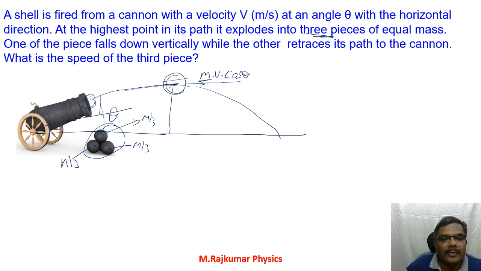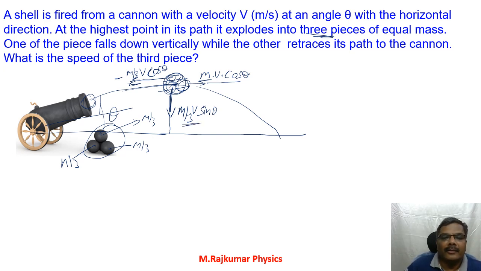See, after exploding into three pieces, after reaching the maximum point, one of the masses retraces the same path, so it is coming back the same way. So it will be minus m by 3 v cos theta. One of the masses is coming down vertically, with m by 3 into some velocity.